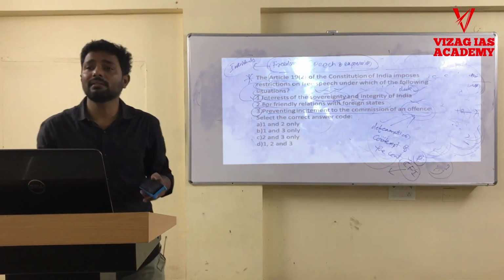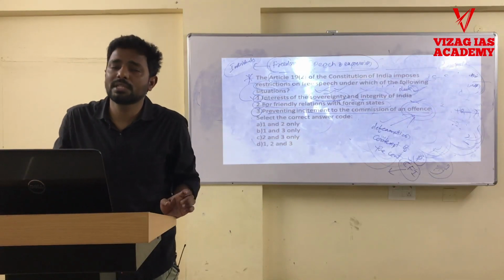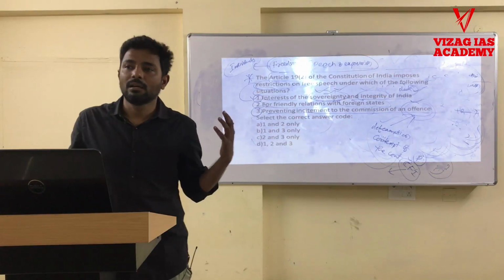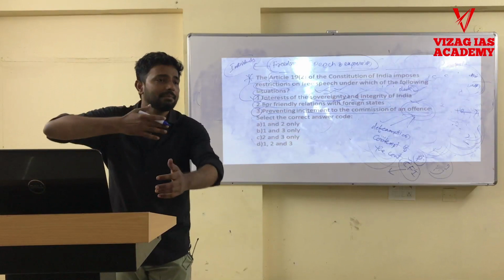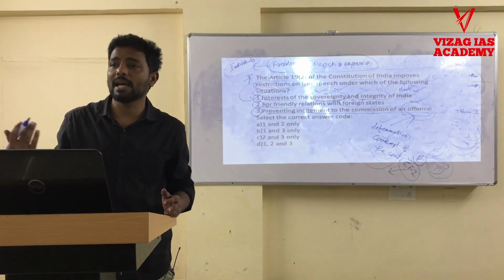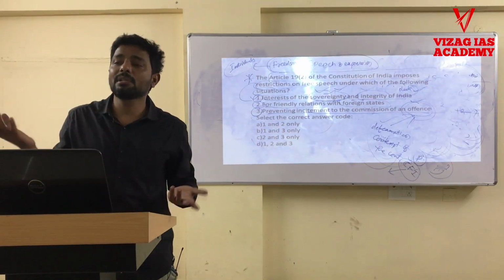There was a question given in prelims way back 4 or 5 years ago. What does absence of restraints mean? Freedom, liberty means absence of any sort of restrictions or restraints, obstacles. But that means absolute freedom for everyone. What does absolute freedom mean?